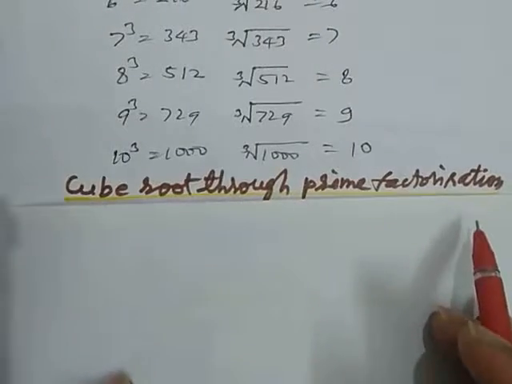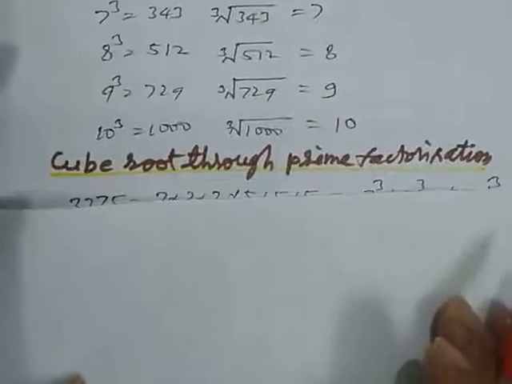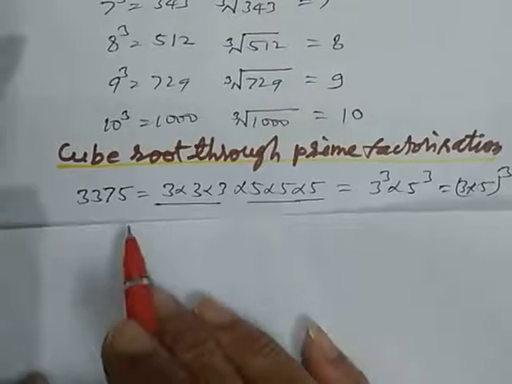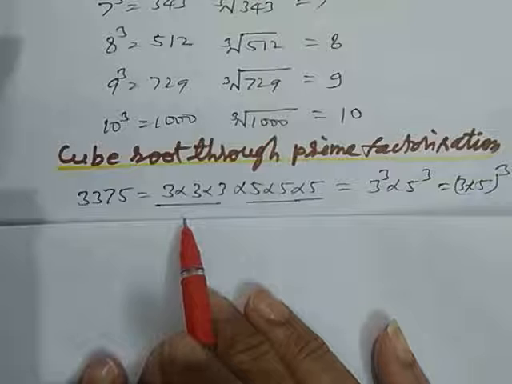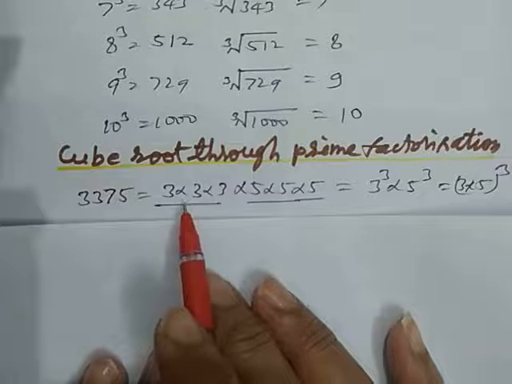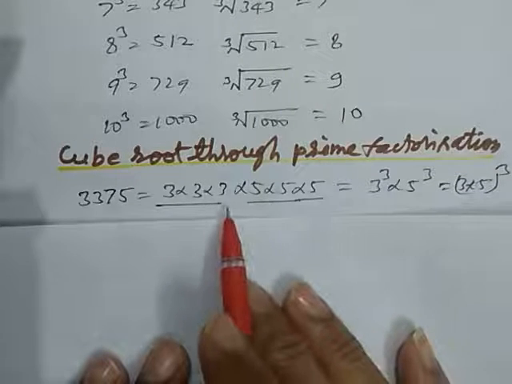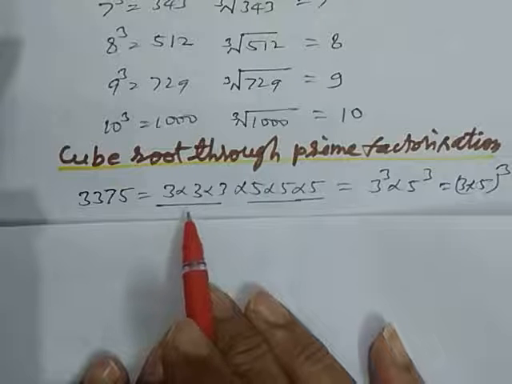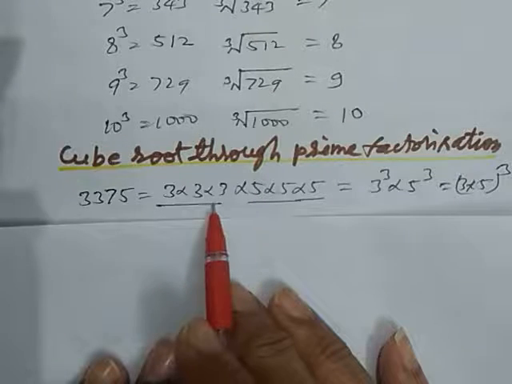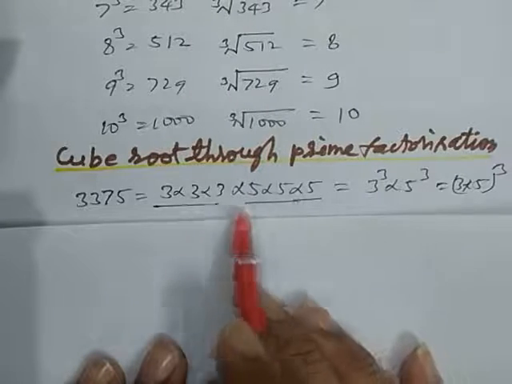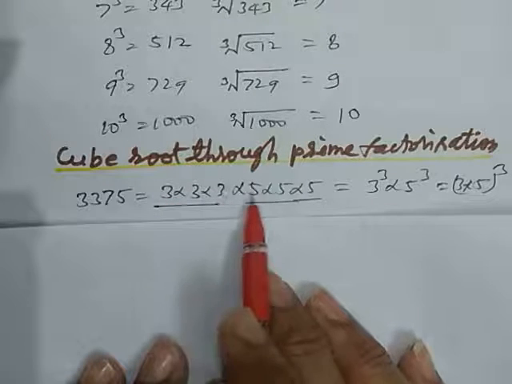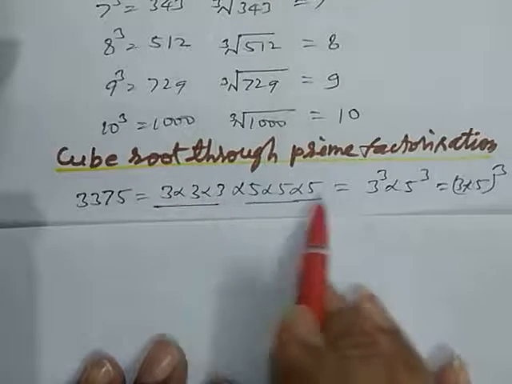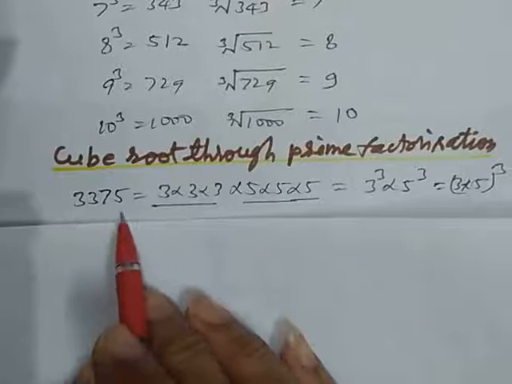Now, cube root through prime factorization. Whatever number is given, we find the prime factorization and take groups of 3 prime numbers. Whatever the factor, we select groups of 3 like this. 3 into 3 into 3, 5 into 5 into 5 is the prime factorization of 3375.